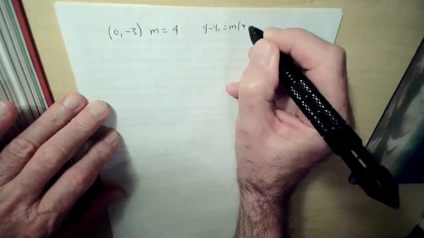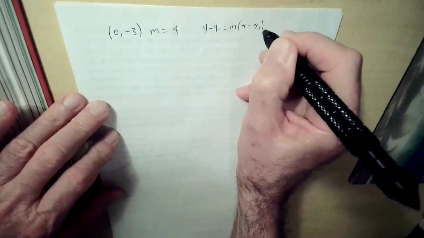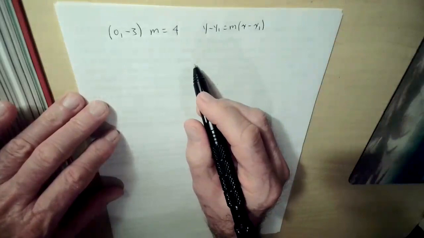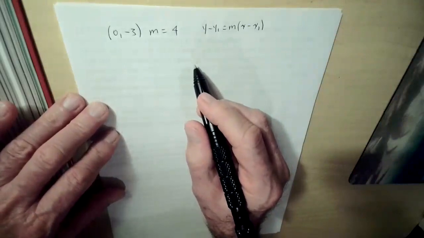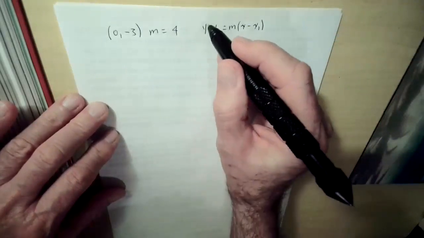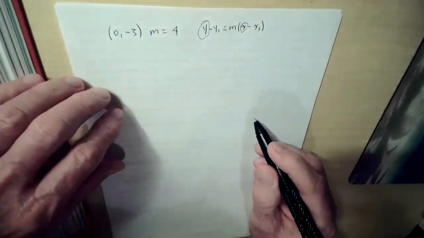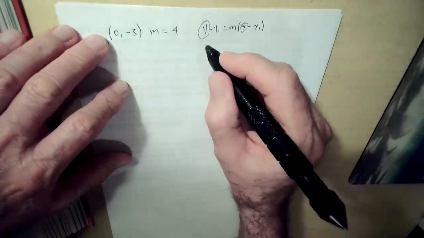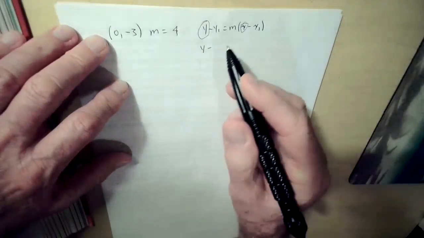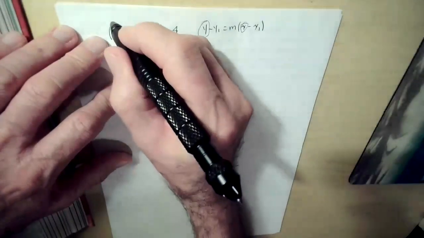So what formula are we going to use? Oddly enough, point slope. Y minus y1 equals m open x minus x1. So we're just plugging in the numbers we know, solving for what we don't know. And remember, this y and this x stay x and y.